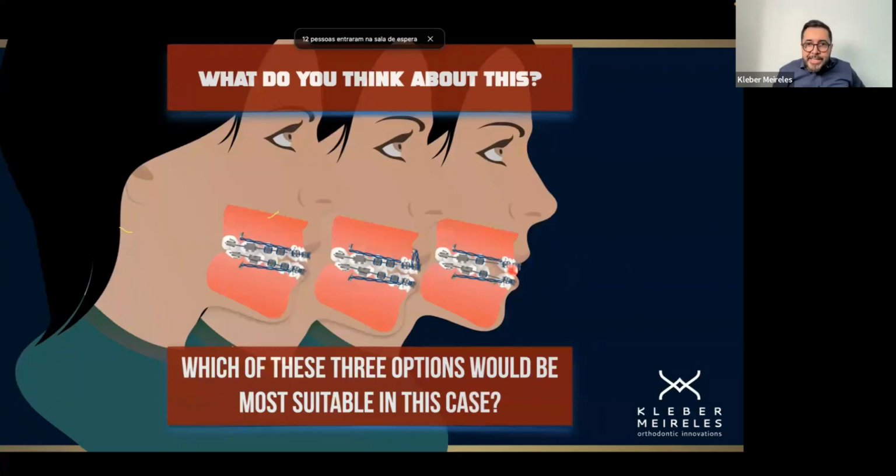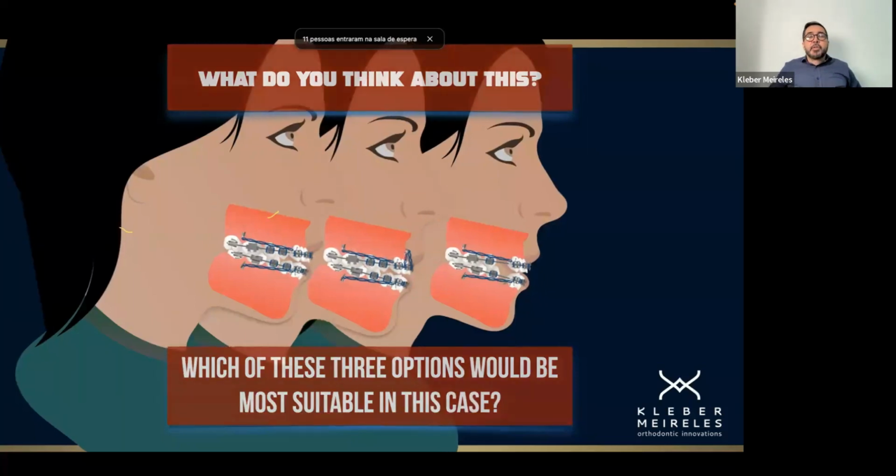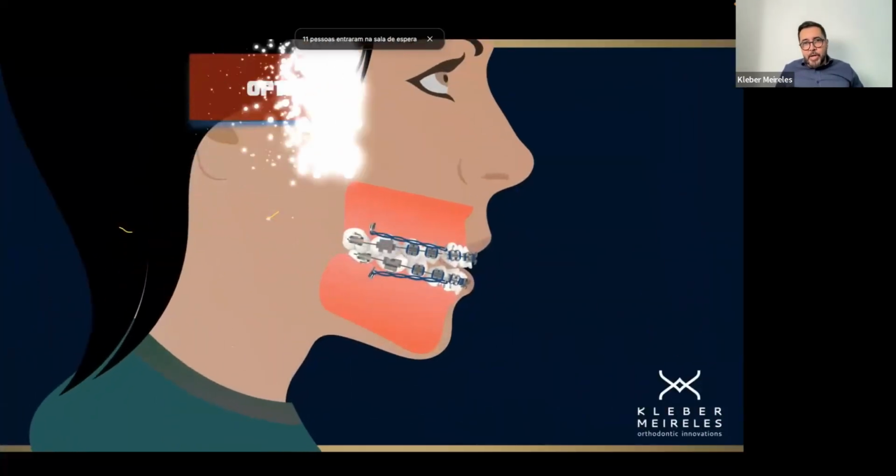And so we have three different outcomes. I have here the retraction being made in the anterior segment, the retraction of the entire arch at once, and the retraction. And since I know that I'm applying one line of action and generating a moment, I'm applying another line of action to control that. So I have three different situations.